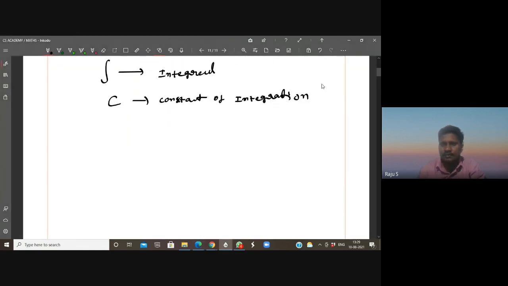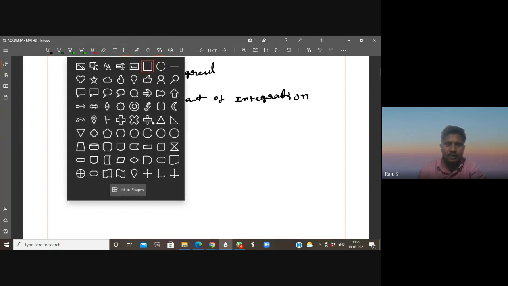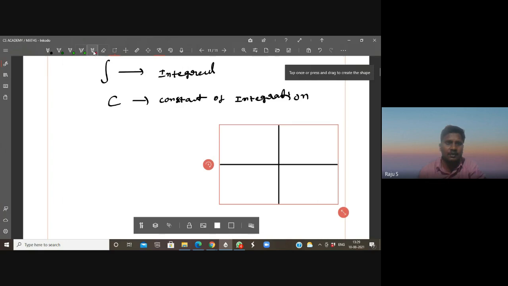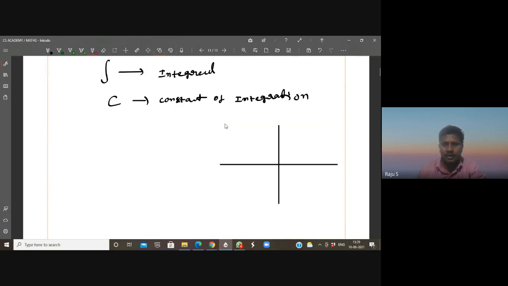For example, I'm going to take the x-axis and y-axis here. There is a curve, like this. Let this be x is equal to a and this be x is equal to b.